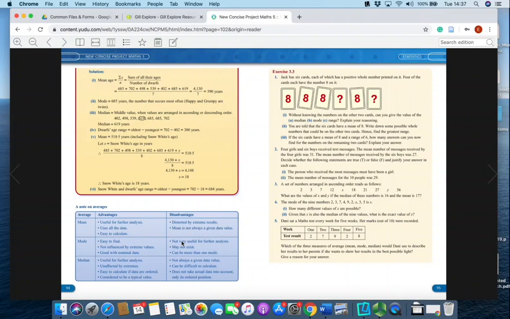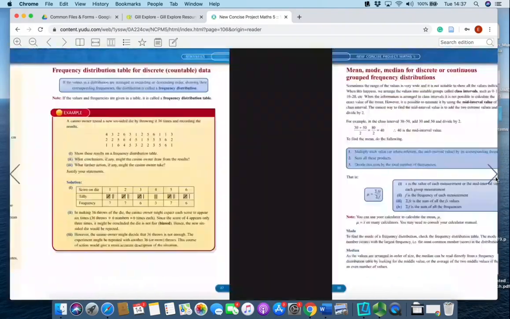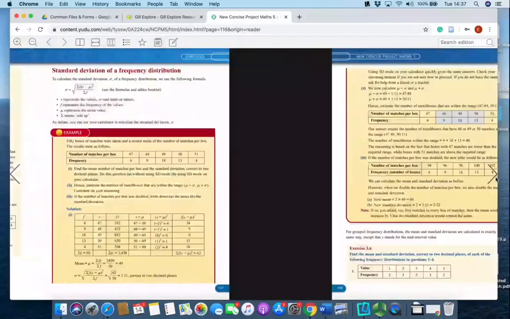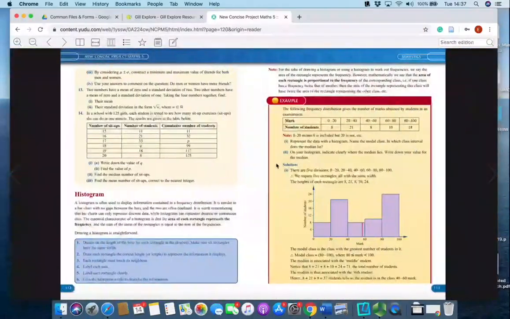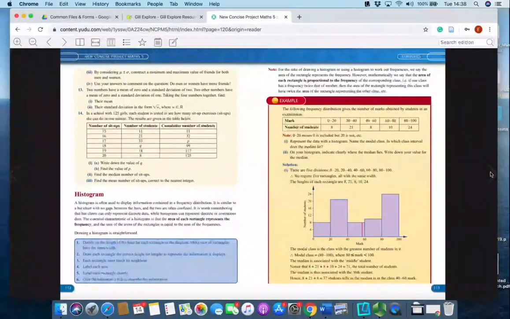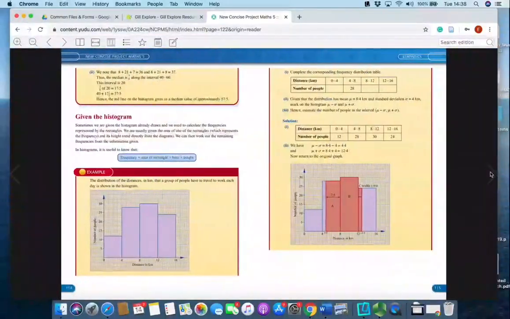Now where they differ is where you have skewed data, and I'm just flicking on to see if I can find a picture of skewed data to show you what I mean. Okay, so that data would be skewed. You can see the bulk of your data is here, and then it skews off here to the positive values, or skews right.